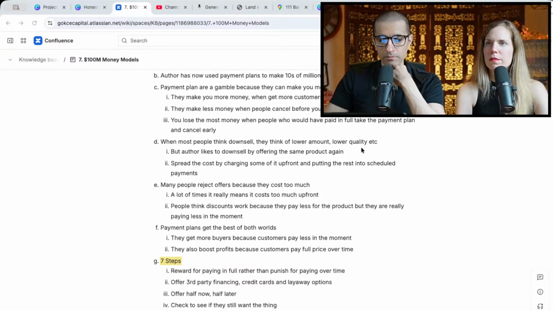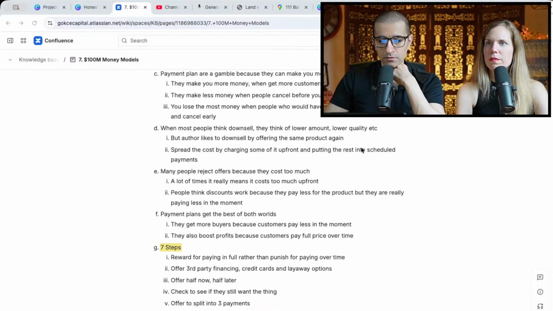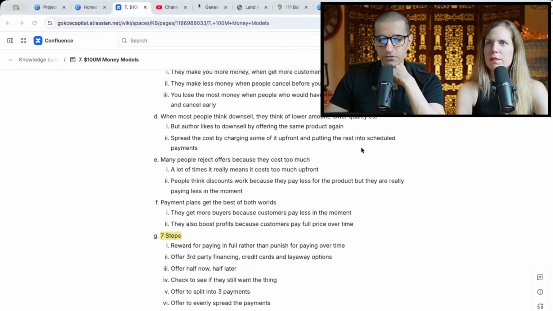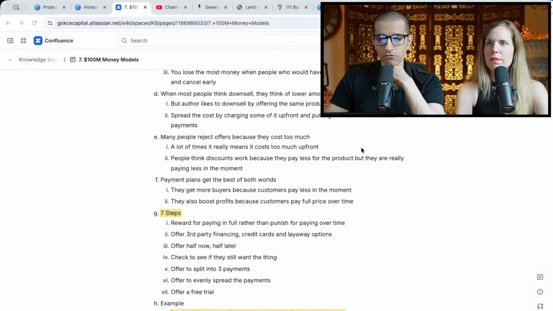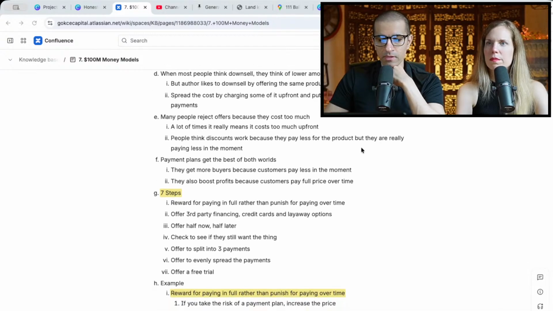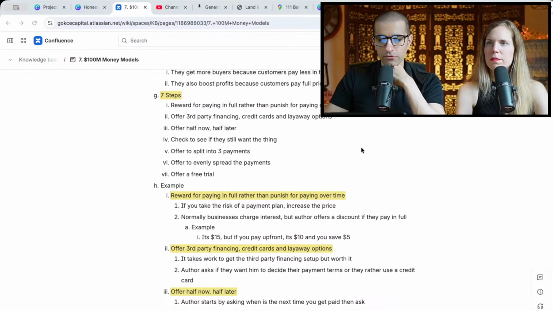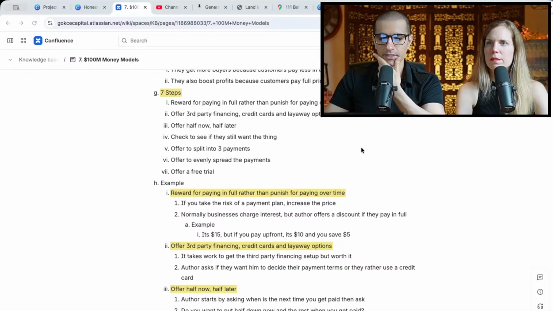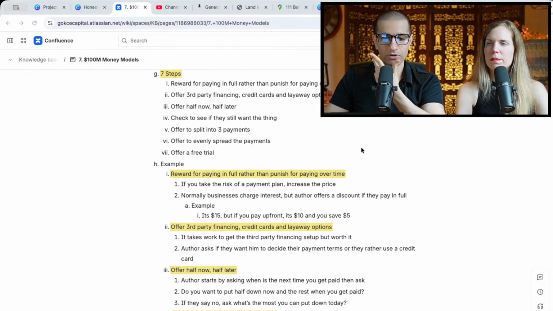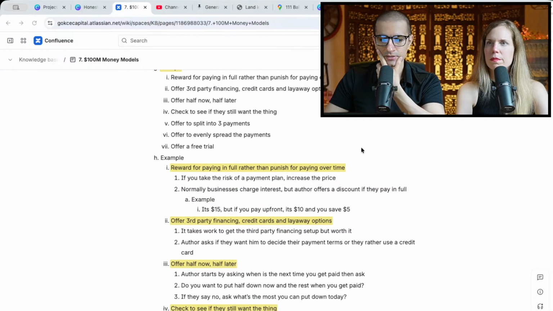Do not lower the price. Many people reject offers because they cost too much. Okay, 7 steps. Reward for paying in full. Offer third-party financing. We cannot do that. Half now, half later. We already added that to the notes.